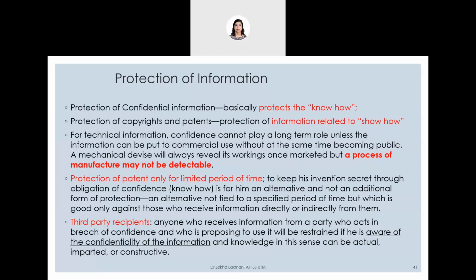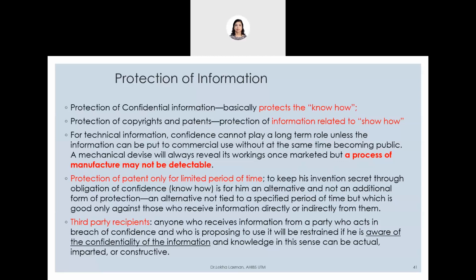So therefore you can see, protection of patent is only for a limited period of time, right? And if you keep an invention secret through confidential information, you do not need an additional form of protection, and it's not tied to a specified period of time.